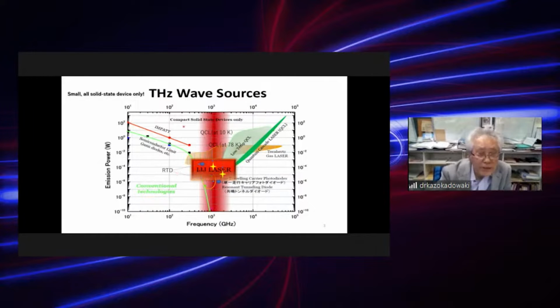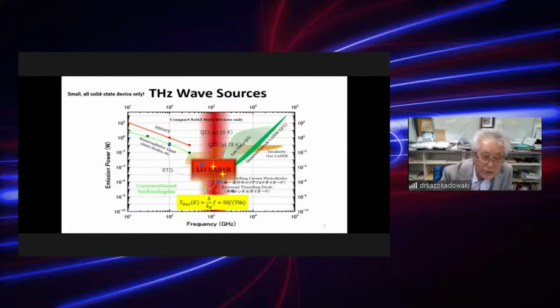Of course, there are other devices from semiconductors, mostly RTD, and from optics, the quantum cascade laser, which is coming down, also to a similar region of frequency. But there is some limitation for such semiconducting devices, because if the frequency comes down around 1 terahertz, the energy level is already close to the thermal energy, so you cannot make it.